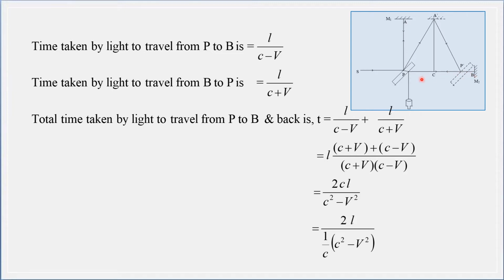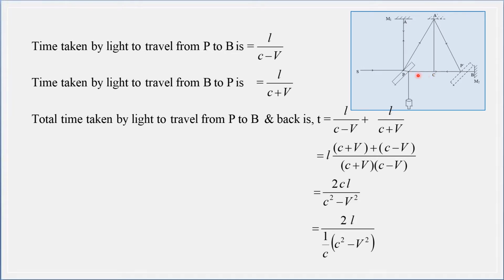Then the light is traveling from P to B1. The velocity of the light is c in the direction from P to B1, whereas the apparatus experiences the ether wind of velocity v in the opposite direction. So the resultant velocity of this light will be c minus v.